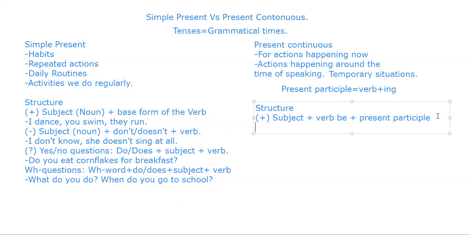You see? Very simple. I am running. You see the difference? Well, let me put the example similar to the other one so you can relate more. I am dancing. You are swimming. They are running.